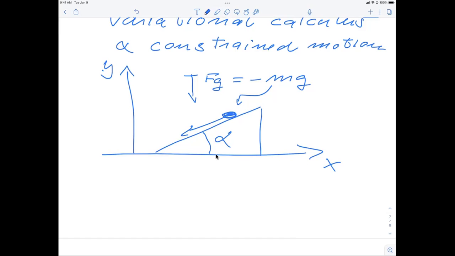It's not like me who moves only in 1 dimension, but this actually moves in 2 dimensions. And there is a constraint here, that there is an angle alpha. So if you want to phrase this constraint mathematically, what kind of function comes to your mind? There's a famous trigonometric function you could use here.